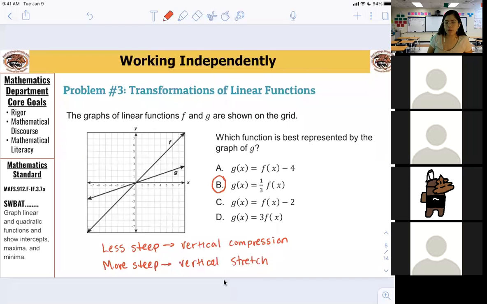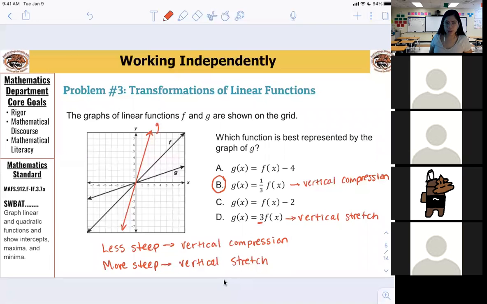Which of these would be a vertical stretch? Which answer choice? F of x? So on the graph, f of x is the vertical stretch, but between all the answer choices, which would give you a vertical stretch? D? D, yeah, because we're multiplying by +3. So this would be a vertical stretch. That would be if g of x was even steeper than f of x, that would be the correct answer.